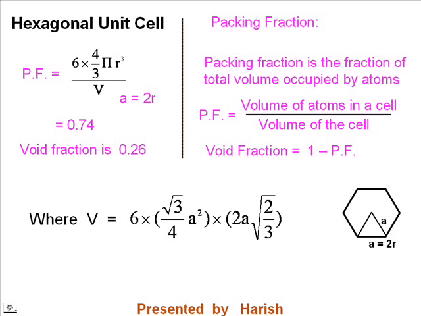Why this similarity exists between these two, and also why this 74% is the best efficiency we can ever have using spheres of the same radius. Again, you have to remember we are taking spheres of the same radius. So why is 74% the best efficiency? We'll discuss all these things at a later stage.